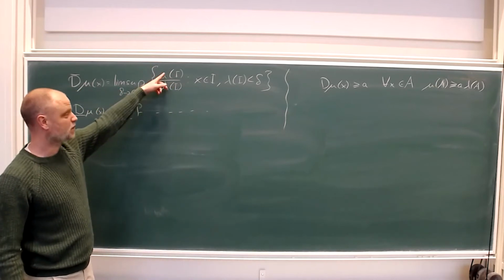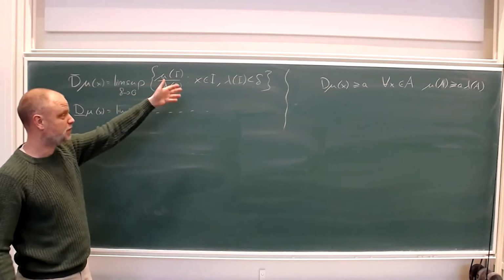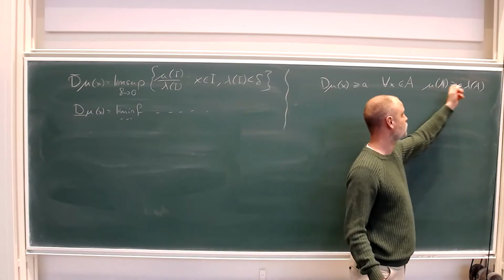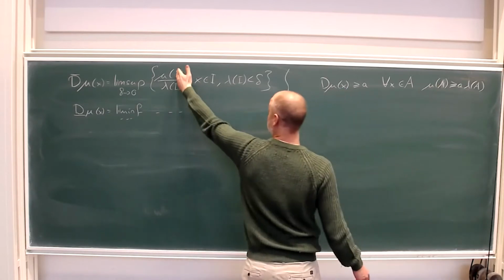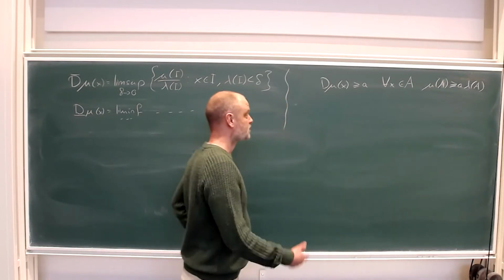So if this is bigger than or equal to a for every interval and then for every x, then basically almost the same thing, take the quotient of this. Here you have intervals, here you have some arbitrary set A.